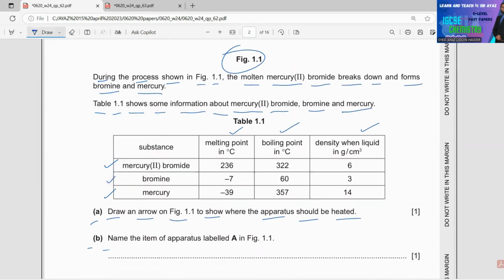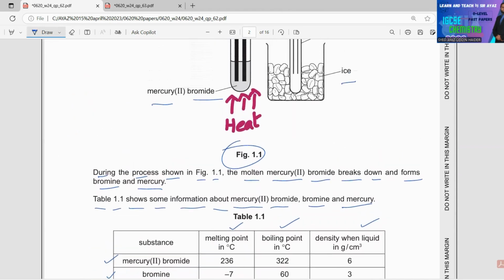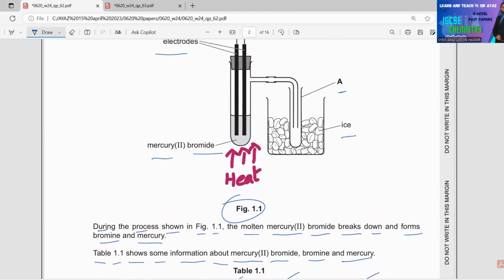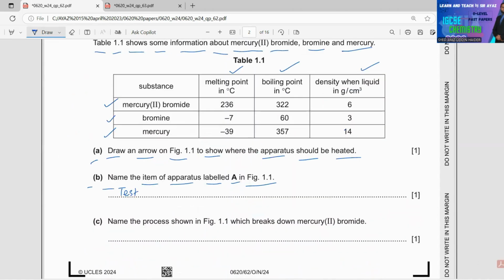B. Name the item of apparatus labeled A in figure 1.1. Now this one is test tube. So you write test tube here. C. Name the process shown in figure 1.1 which breaks down mercury(II) bromide.